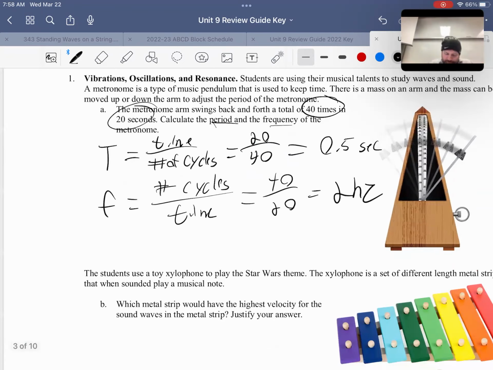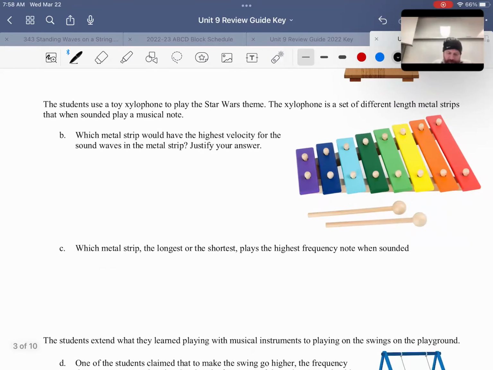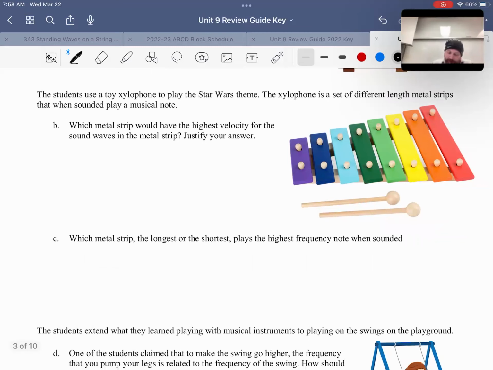So then we get to the next thing, you're looking at a xylophone here. Which metal strip would have the highest velocity for each one? So this gets at the idea of calculating speed and frequency and wavelength. So how you calculate velocity equals wavelength times frequency, versus what causes velocity to change. So again, wavelength and frequency do not affect the velocity.